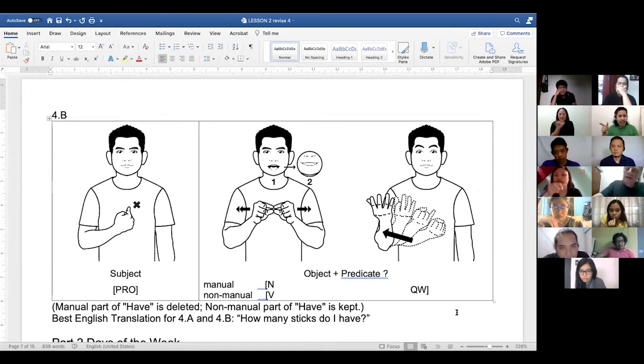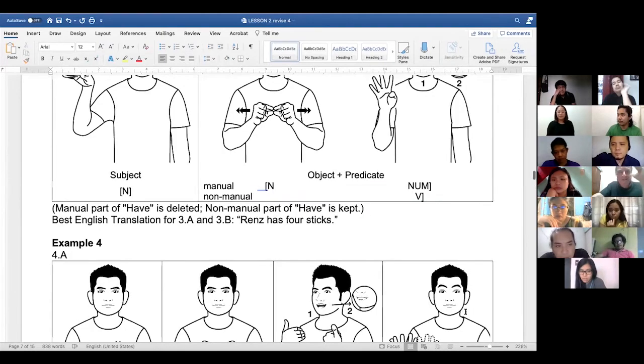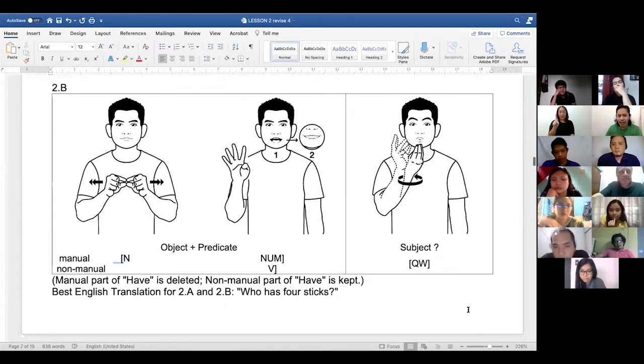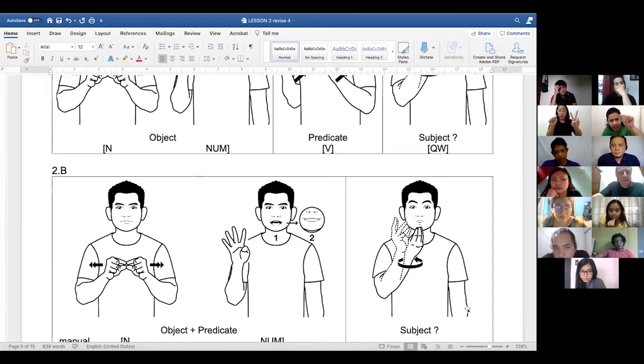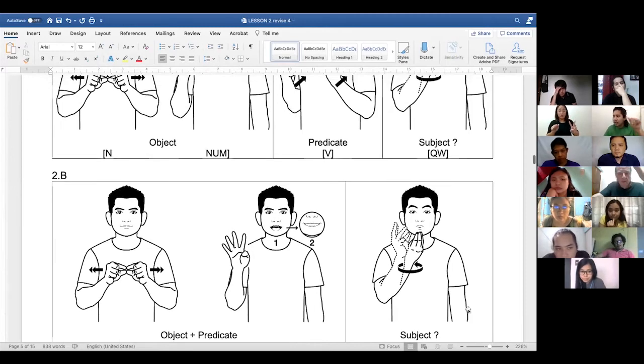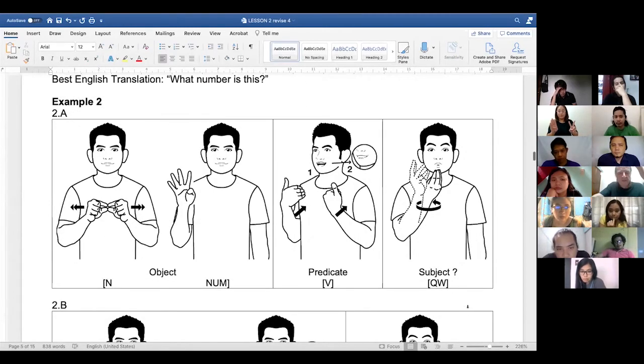Okay, so let's go back up and look at 2A and 2B. All right, so 2A and 2B, who has 4 sticks, right? Mm-hmm. Okay, all right, so let's go down to 3A and 3B in the translation.